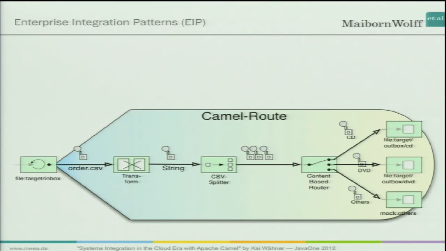Here we are using a file directory as input, and we read these CSV files, then we transform them, and then we split them, and then we use a content-based router to send the messages to an endpoint depending on the content of the message. Even if you have never seen these patterns before, you can really understand what is happening here. It's really easy to understand, and it's a good visualization of your integration problem, divided into many smaller parts. And as I said, Apache Camel implements these patterns.